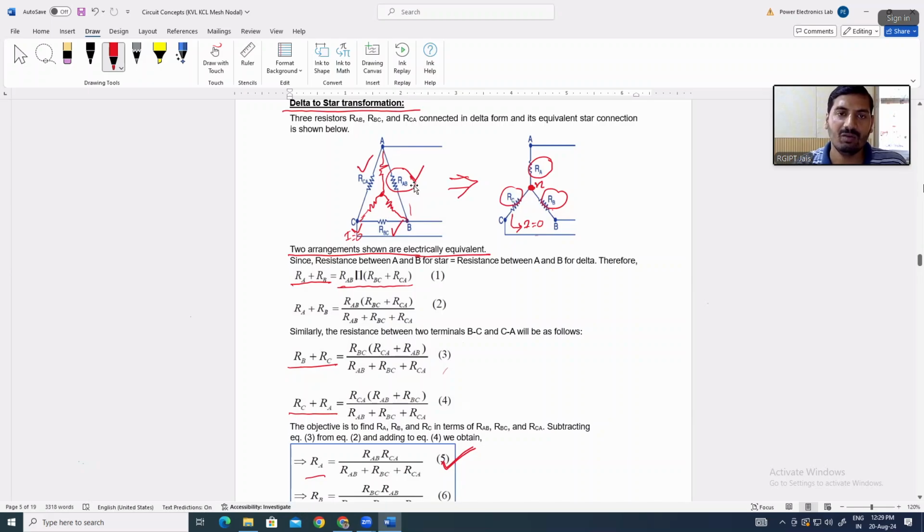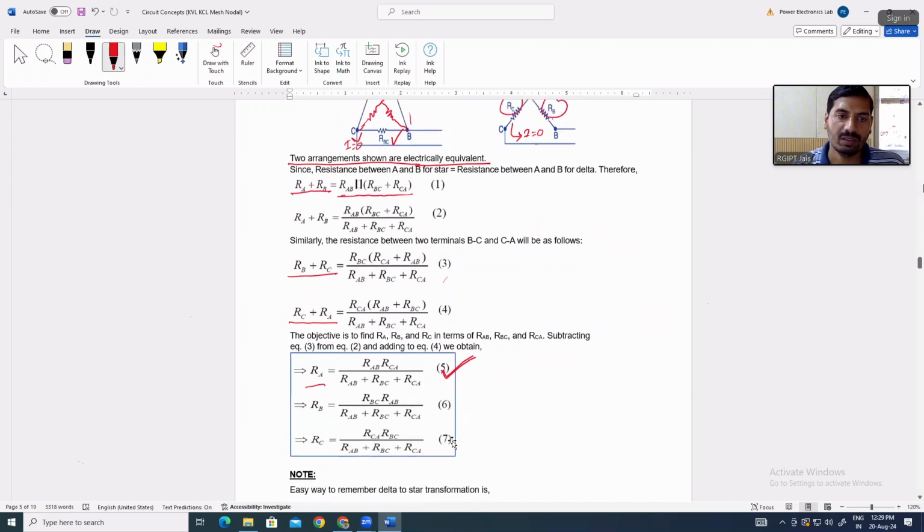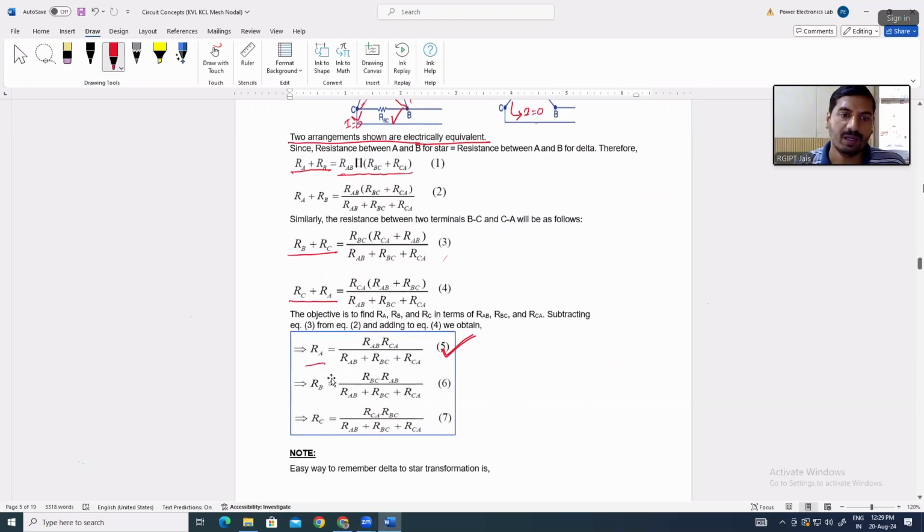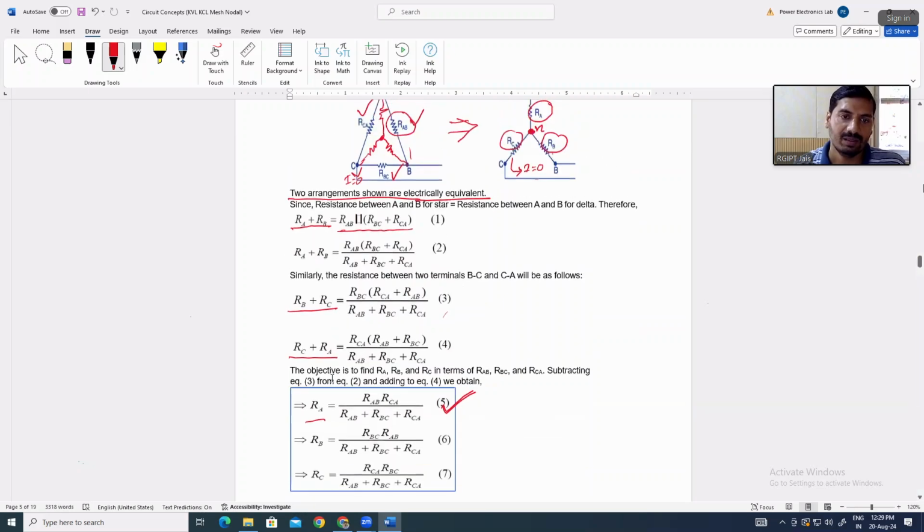In the denominator you will find the sum of all delta connected resistances, all three delta connected resistances. So it's very easy to remember also. Means just you have to take the adjacent elements in the numerator and sum of all elements in the denominator. Okay, so RA will be equal to RAB RCA divided by RAB plus RBC plus RCA. That is equation number 5.